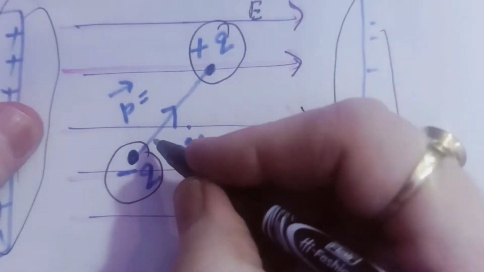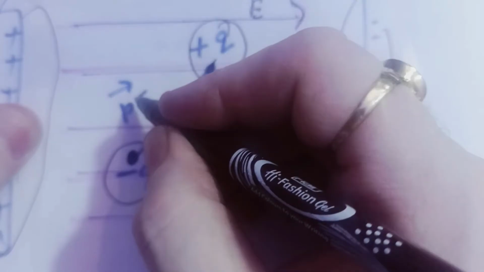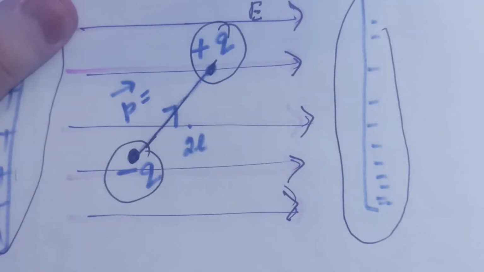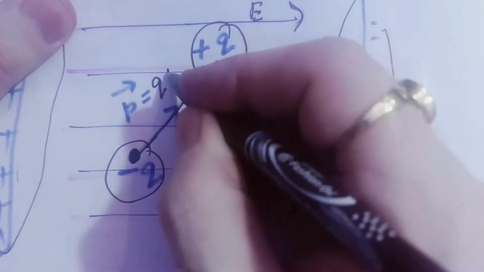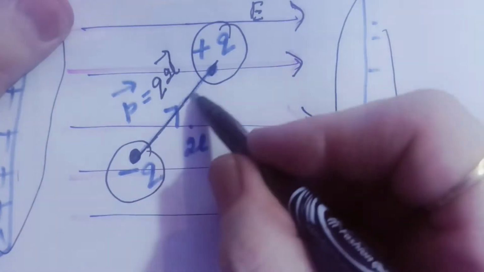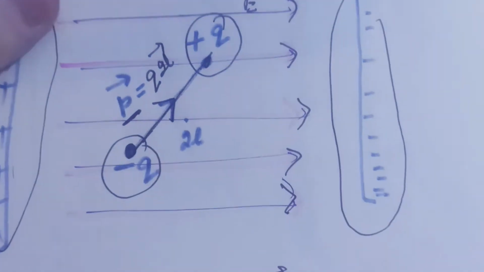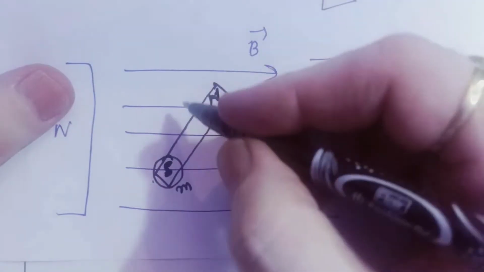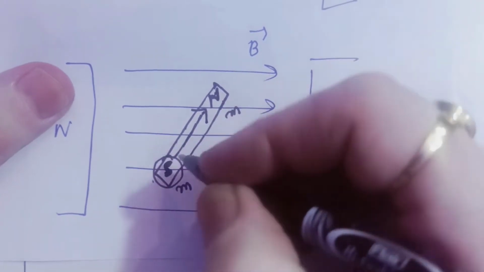Now here the dipole moment was from minus q to plus q. The dipole moment p vector is q into 2l vector. The direction is minus to plus, like this, the electric dipole moment. Likewise in magnetism, the dipole moment is south to north.